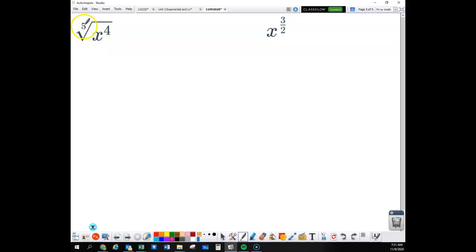So here I have the 5th root of x to the power of 4. This is equal to x to the power of 4/5, right? The denominator is the root, the numerator is the power. And then vice versa, over here I have x to the power of 3/2. So that's going to be the square root of x cubed. Remember, the square root does not have a number, it just means the root is 2.